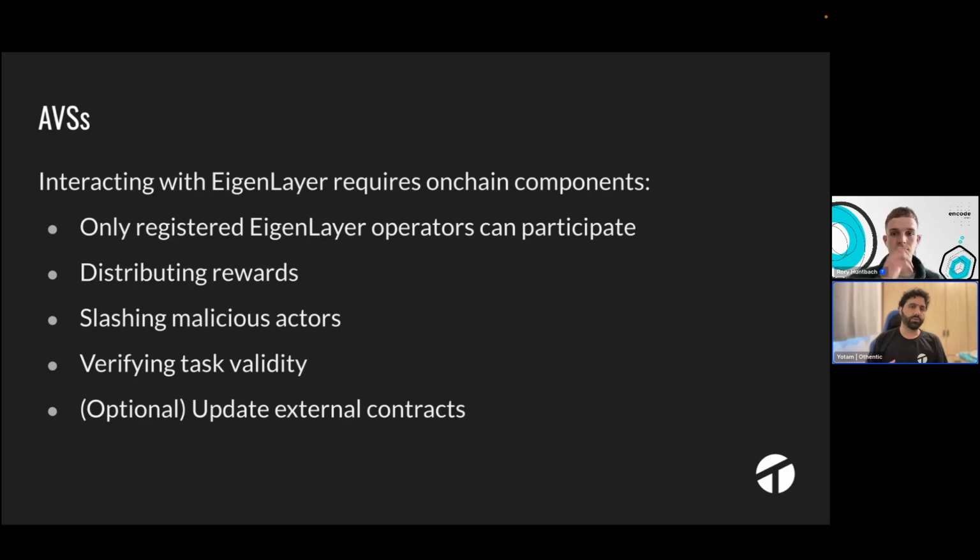You also want to be able to slash malicious actors, which also happens on chain, and you want to verify the task validity for every task or block or however you define it in your network. You want to verify that the task is valid on chain, so you want to have some sort of contract that is able to verify the task validity. And sometimes, optionally, you would also want your AVS to be able to communicate with other contracts on the network.